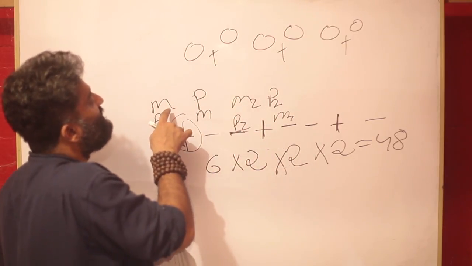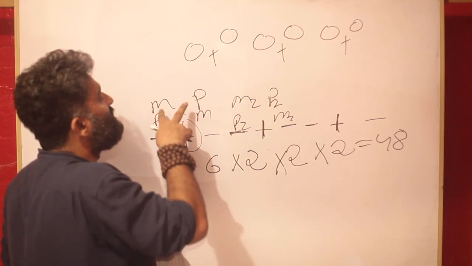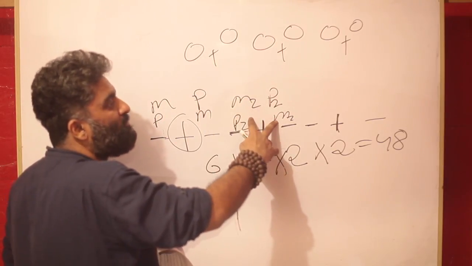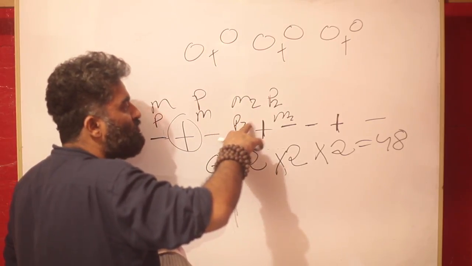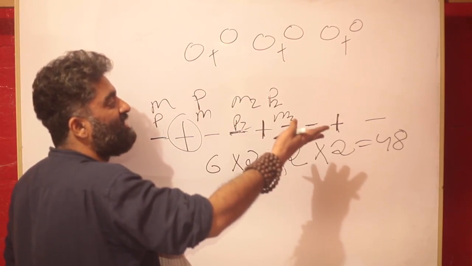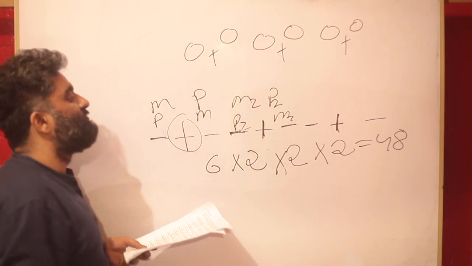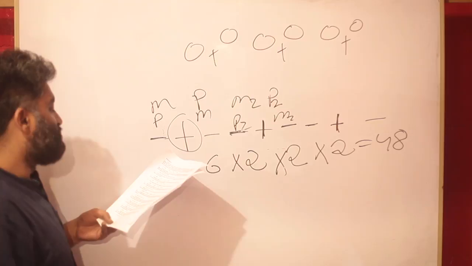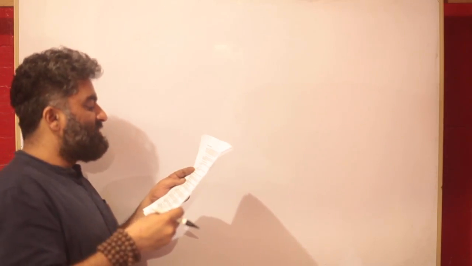Why? Because you can have a mom pop and a mom pop, which would be 1 way. You can have a mom pop and a pop mom, mom pop 1, and pop 2 and mom 2, which would be another way, right? So therefore they are getting multiplied with each other, and your overall answer would become 48. So for question number 8, your answer should be D. Question number 9.